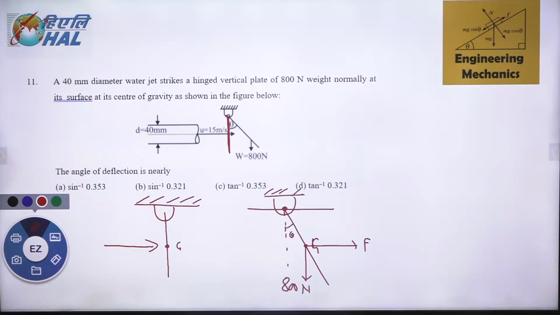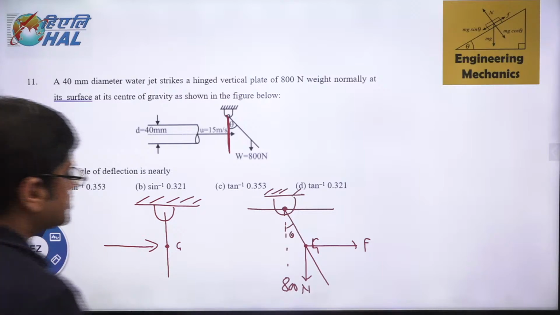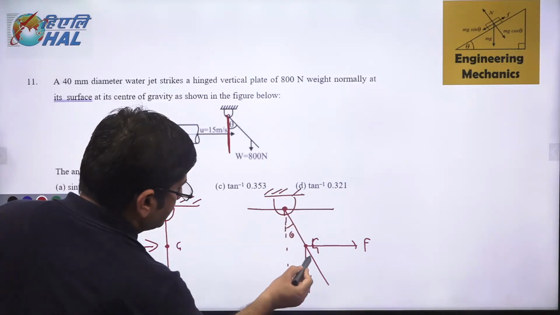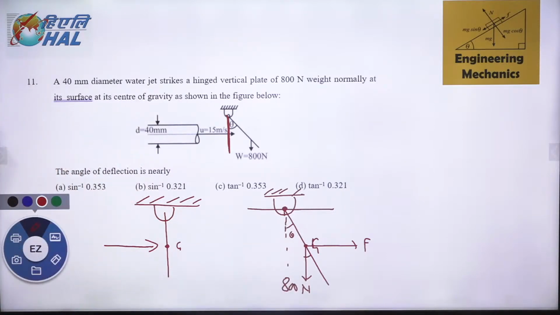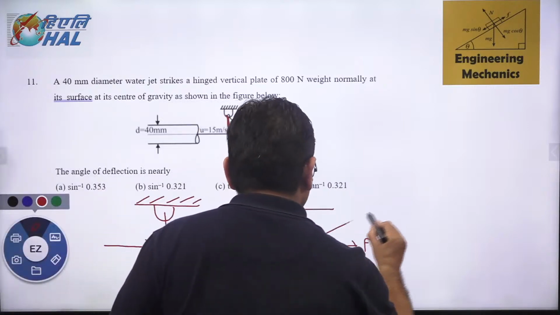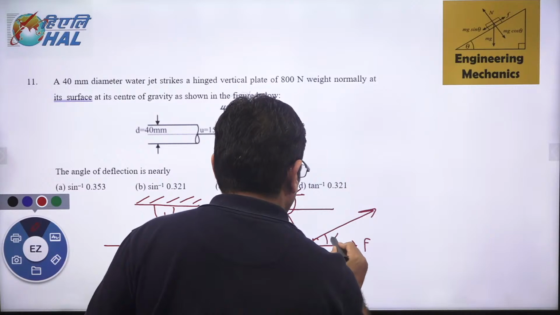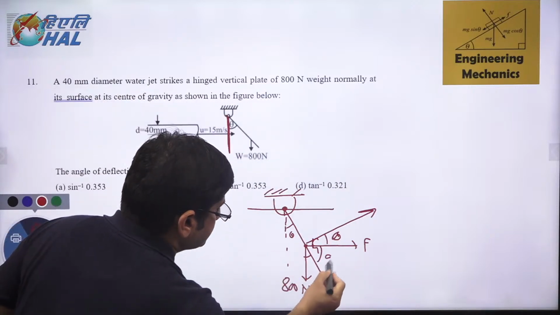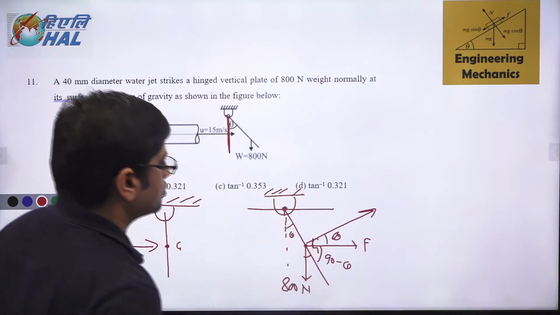Both the moments will be equal. Now if this angle is theta, try to understand this angle is also theta. Good. And if this angle is theta, then this angle is also theta, because this is 90 minus theta.